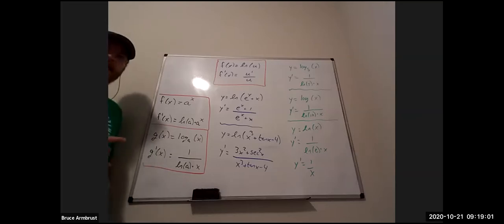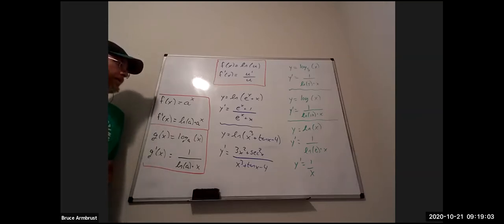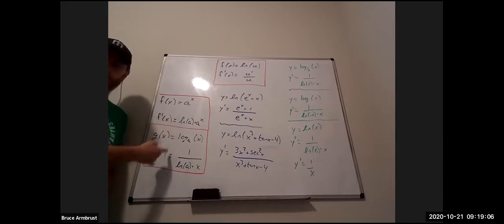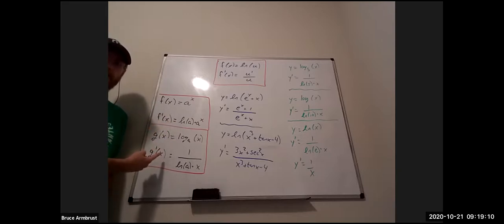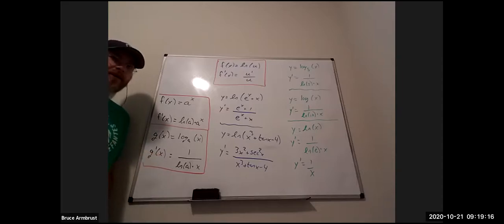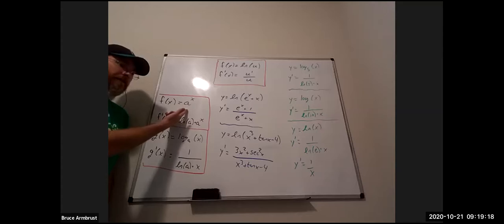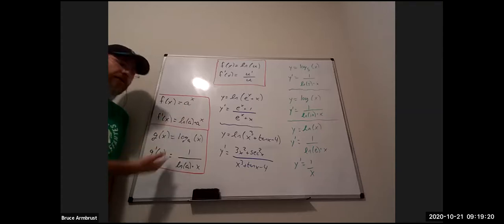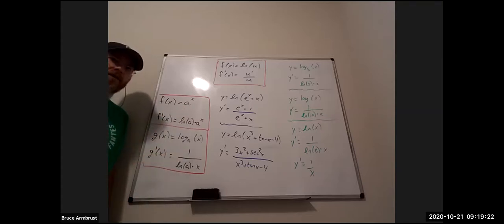So I just noticed in the chat box, Ollie just asked what did I call these first two rules? And I'm guessing this is what you mean by the first two rules, the ones over here on the left-hand side. Yeah, they don't have a name. It's the derivative of exponential functions and the derivative of log functions.